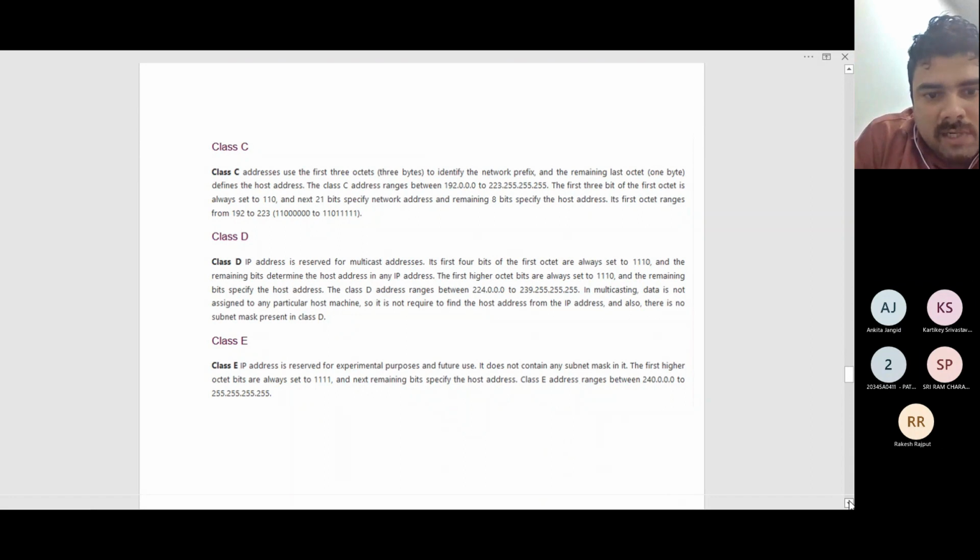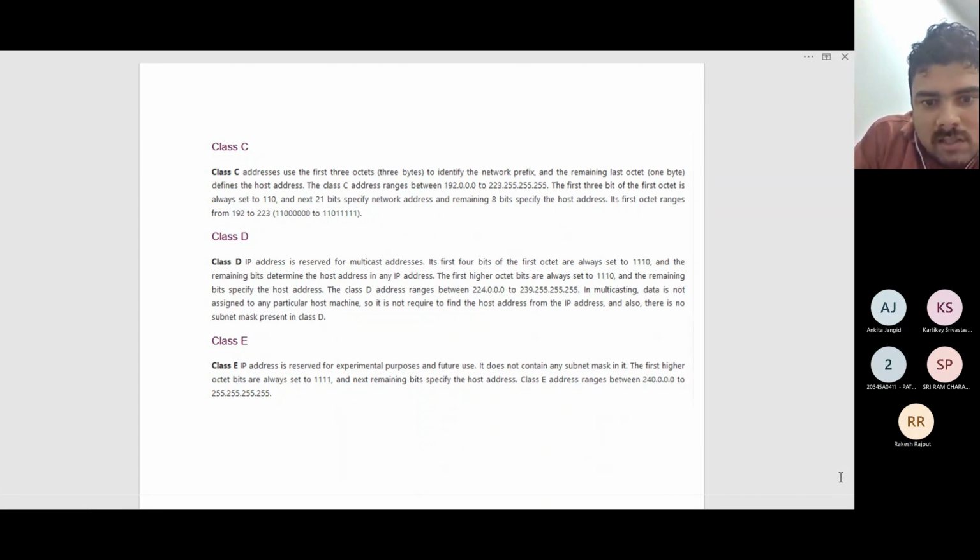Then the Class D IP address is reserved for multicast IP addresses. A, B, C are for broadcast, and this Class D is a multicast address. Its first 4 bits of the first octet are always set to 1110, and the remaining bits specify the host address.